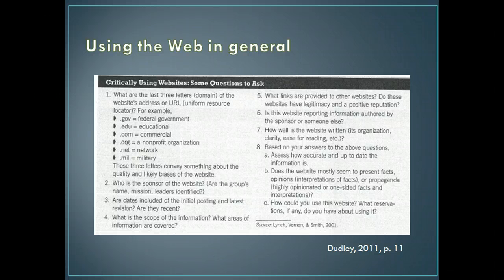So your book provides a great quick reference for your first level of critical thinking when you find a website that has information, and that is to look at the end of the URL, the last three letters or the domain name. And you'll note they've identified several different domain names that will tell you different things. For example, anything that's .edu comes from an educational institution.